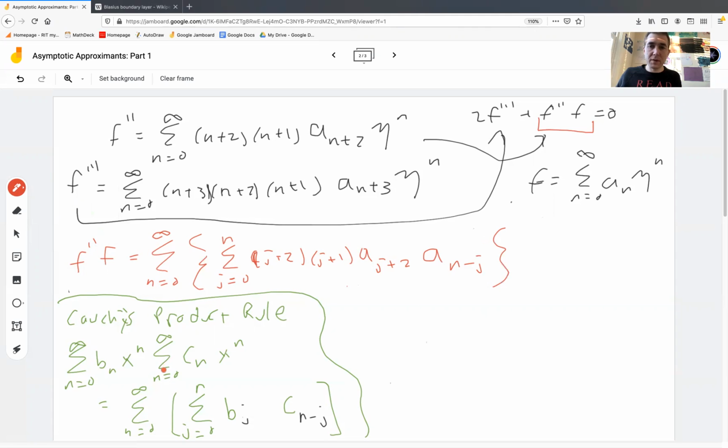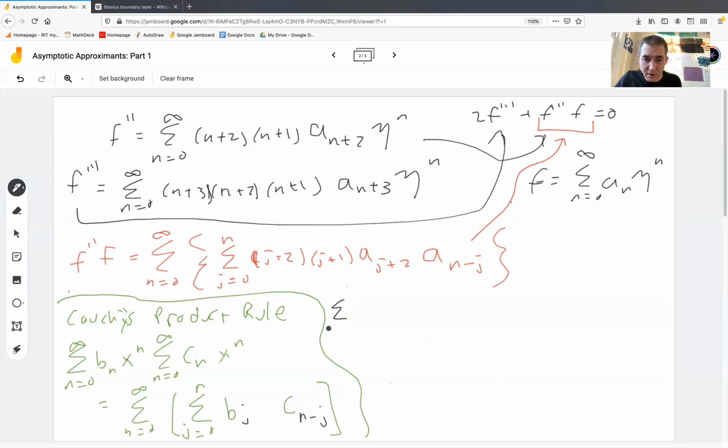Okay, so now we're ready to plug stuff in. We have this, so we can just plop it right in there. Maybe we can do this all in this corner of this page. I'm not sure. We can try. So plopping stuff in, we've got the series. Everything's going to have the same series, n going from 0 to infinity, out front.